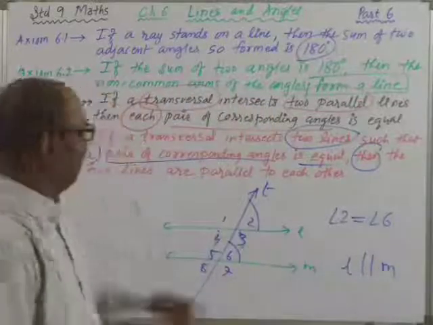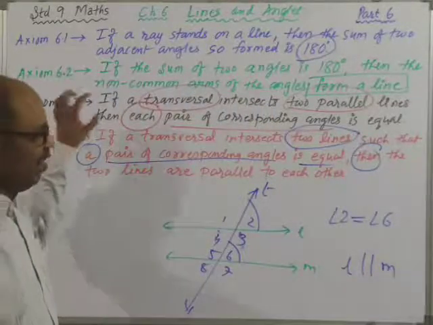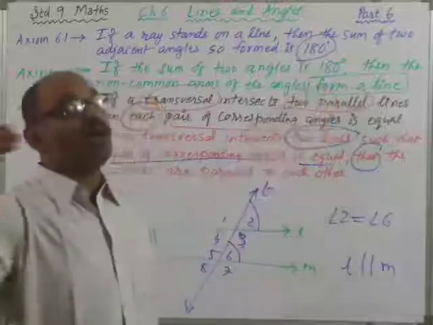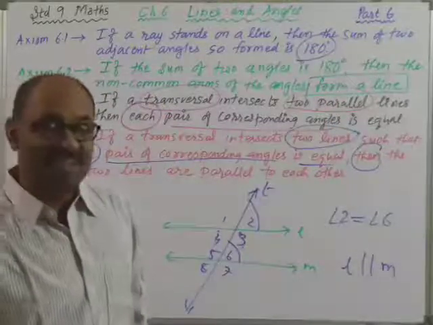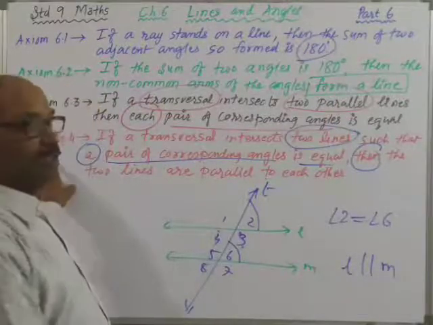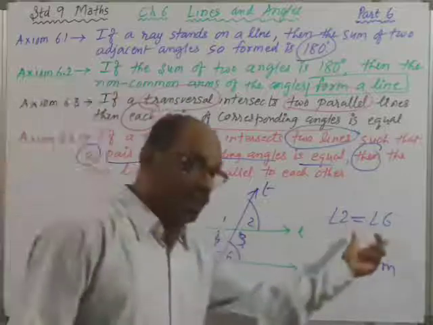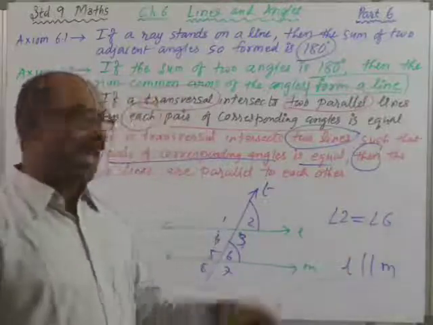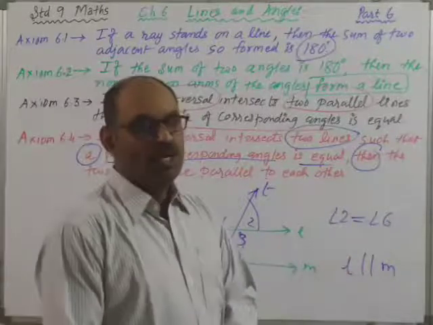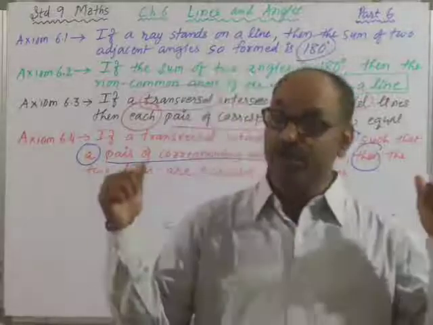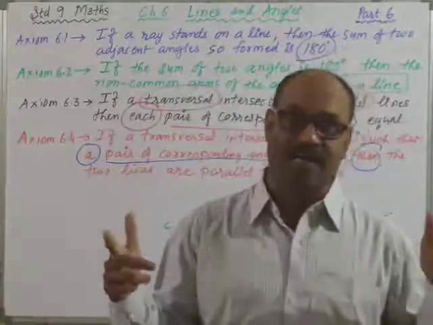See? Axiom 6.3 gives parallel lines and corresponding angles equal. That is the result. And axiom 6.4: corresponding pairs are equal, then the lines are parallel. So be careful. We are going to use these axioms quite frequently.